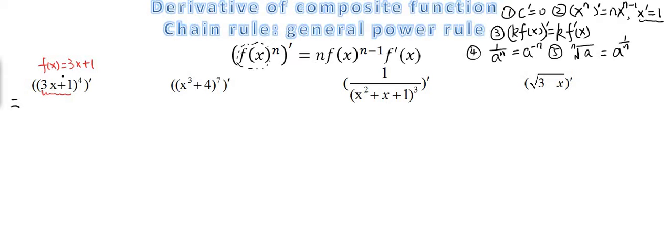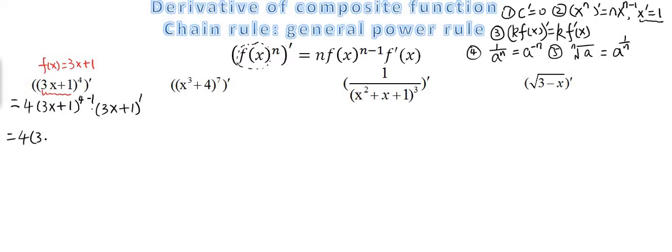So we're going to plug in f(x) equals 3x plus 1 into this formula. So it equals 4 times (3x plus 1) to the power 4 minus 1 times the derivative of 3x plus 1. We can simplify it.